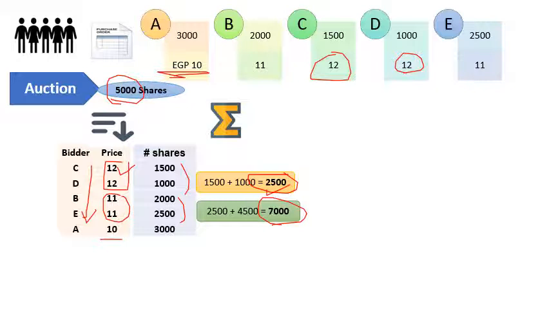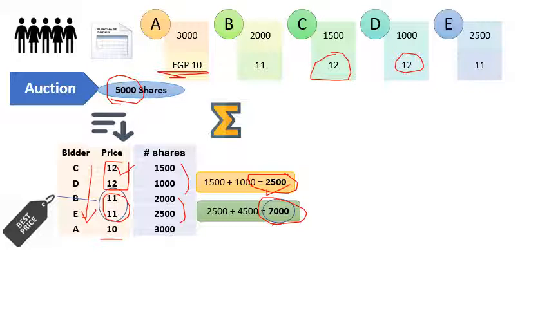This means that not all shares requested by each investor will be received. We will use the pro rata basis to allocate the shares. But at this step, we want to set the final offering price. The final offering price will be 11 Egyptian pounds. So why is this the best price?